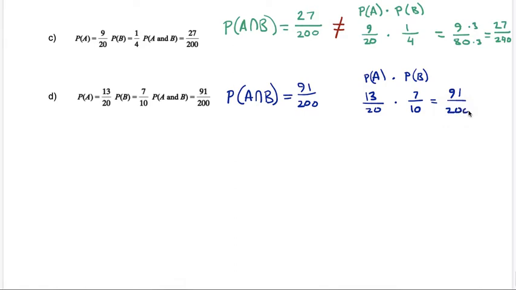And as you can see, those two are equal. And so in this case, A and B are independent events.